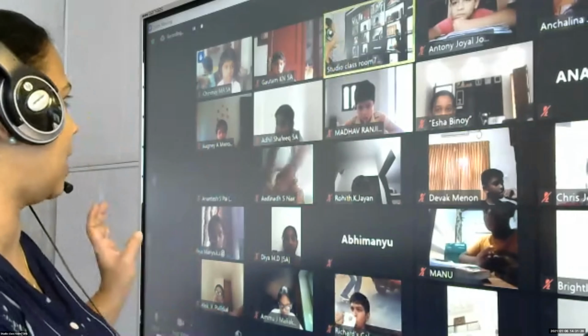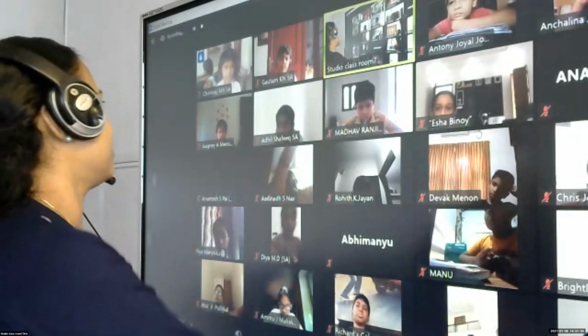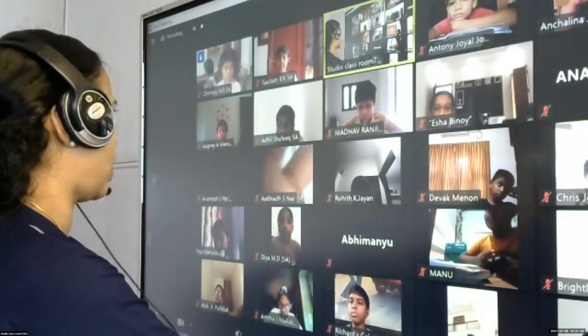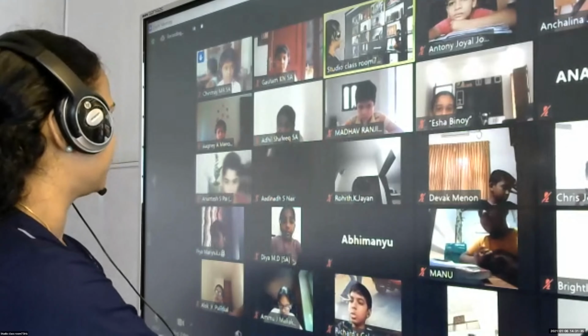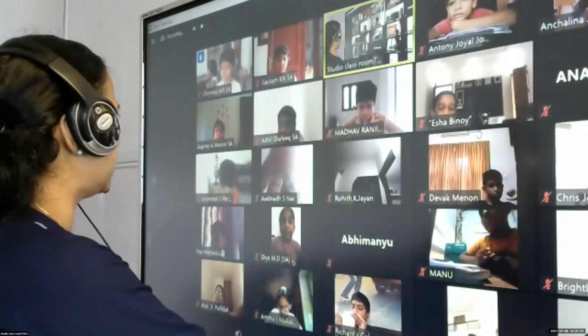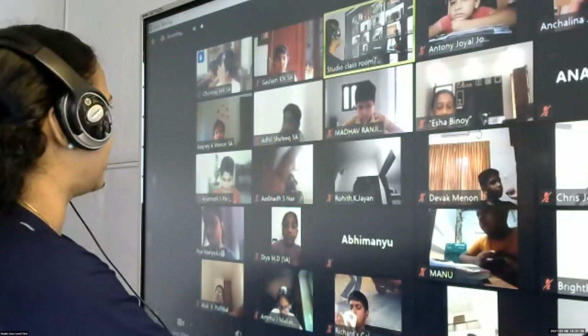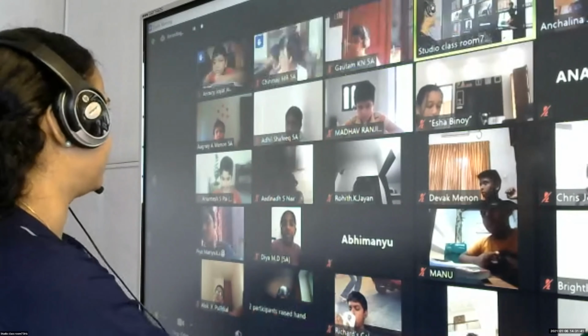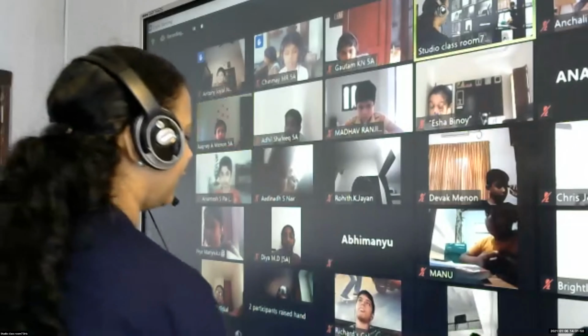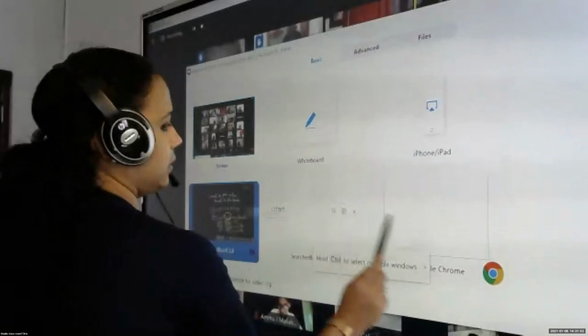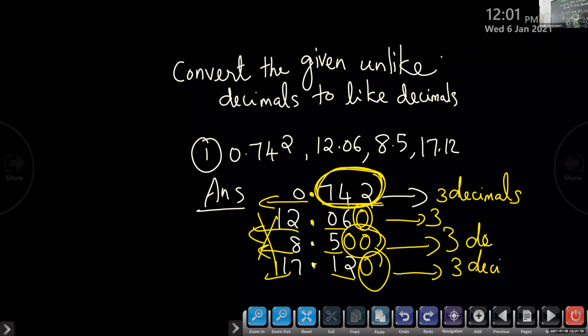So what we learned: convert unlike decimals to like decimals. So Agni, what do we have to do first? How can we convert unlike decimals to like decimals? First, find which decimal has more decimal places. In this question, convert the given unlike decimals to like decimals.